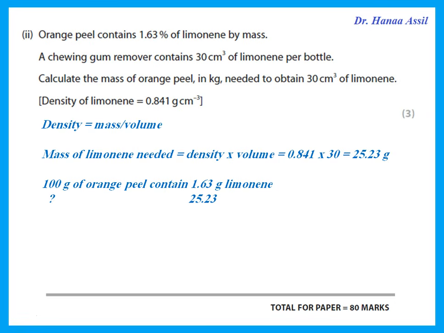So how much of the orange peel do I need to get 25.23 grams of limonene? If we just do direct cross multiplication, then the mass that we need is 1.55 kilogram. Remember that what came out from my equation was in grams. Divide by 1,000, because he says calculate the mass in kilogram.